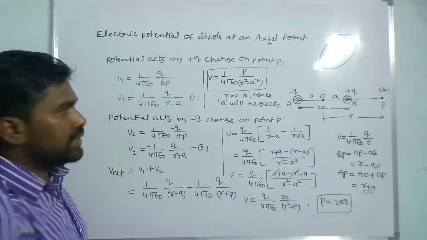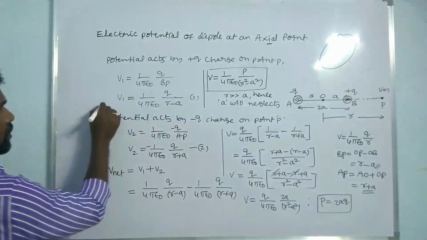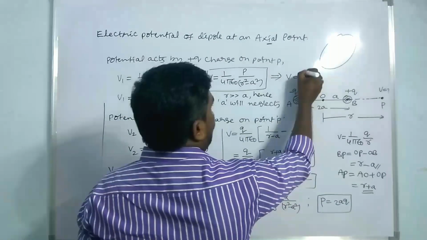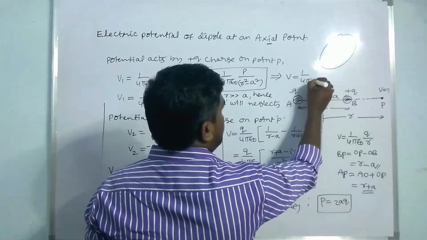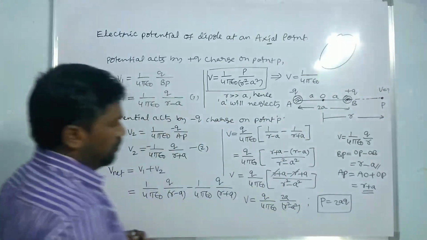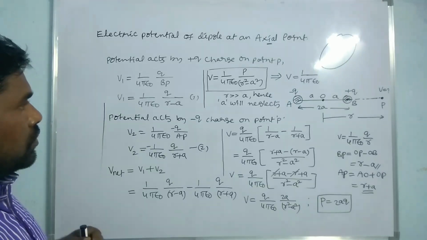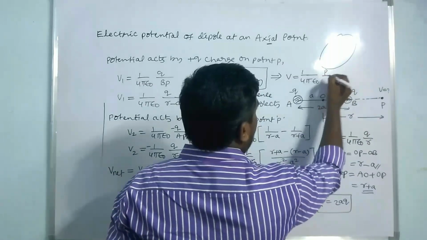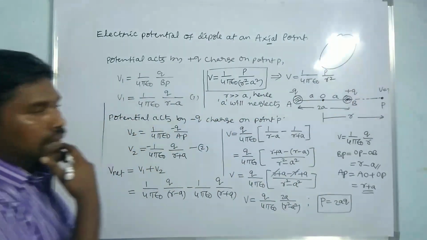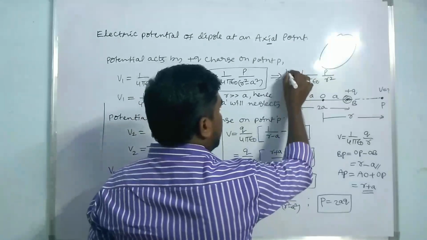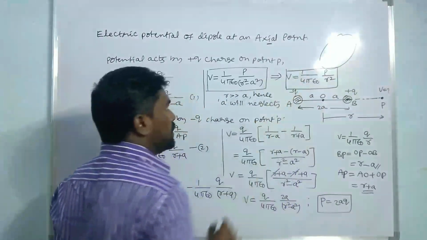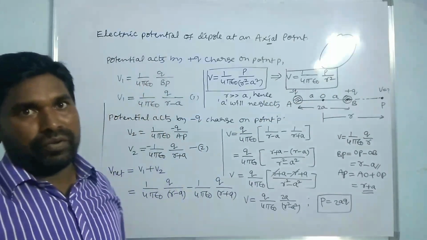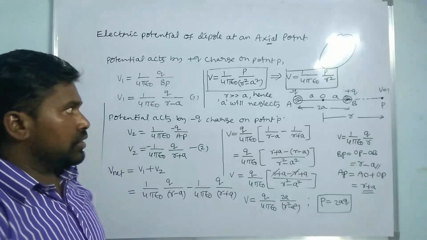So if a is neglected, then the equation is V is equal to 1 by 4 pi epsilon naught P by r square. So this is the electric potential at an axial point, 1 by 4 pi epsilon naught P by r square.